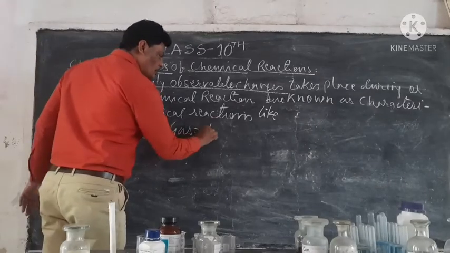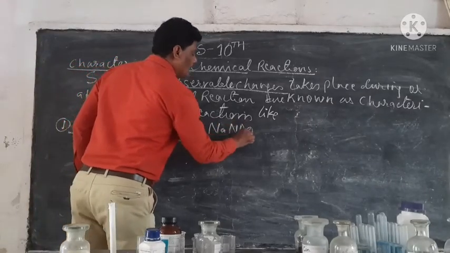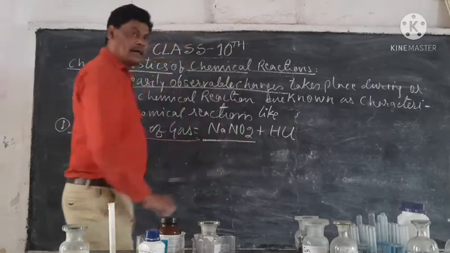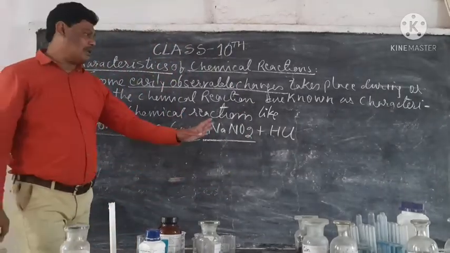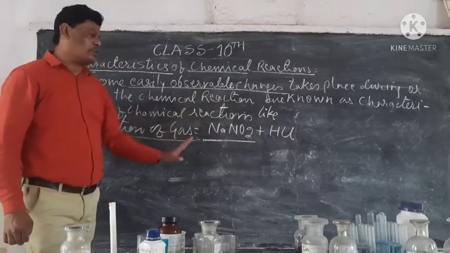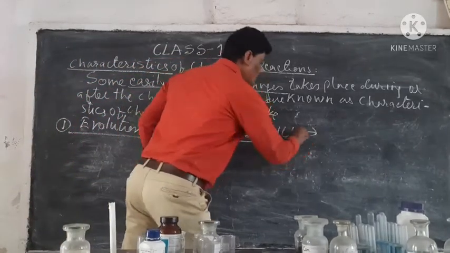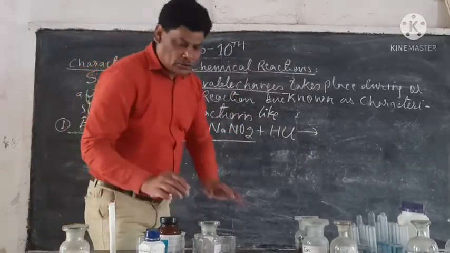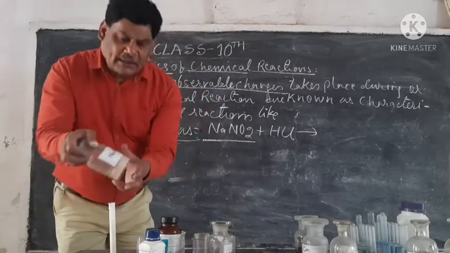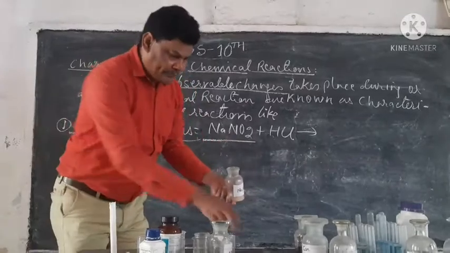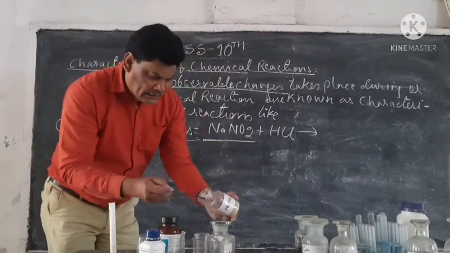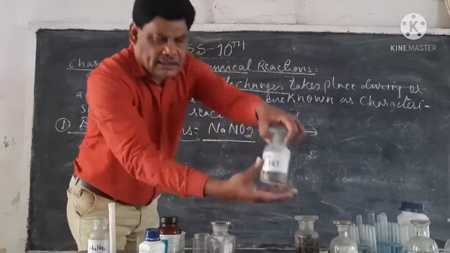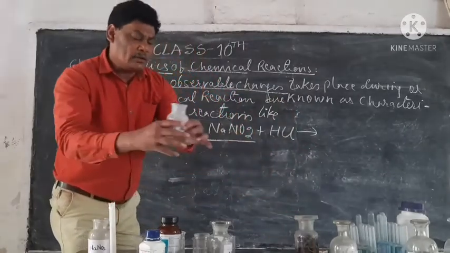I will add sodium nitrite, NaNO2, and hydrochloric acid, HCl. I can take a solution or even the solid form. Let us see what happens when I add NaNO2 and HCl. I have sodium nitrite here, NaNO2, in a beaker, and I have HCl here.